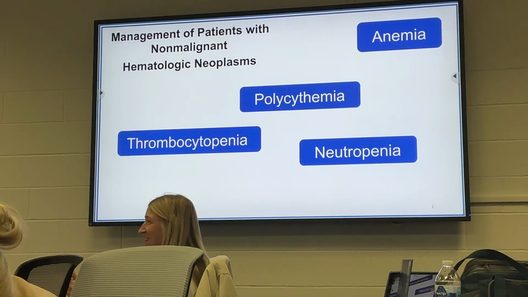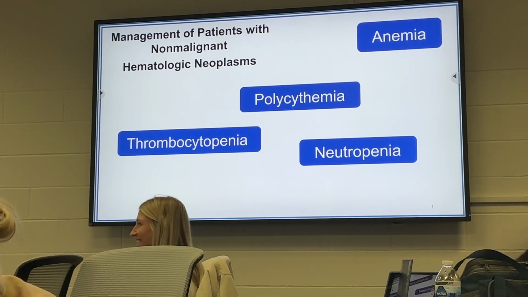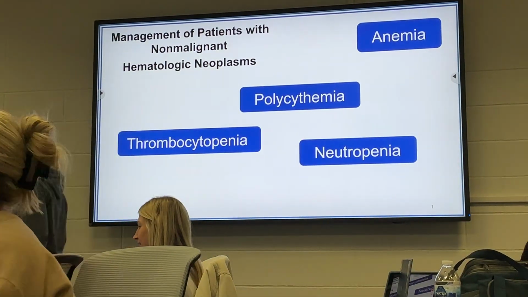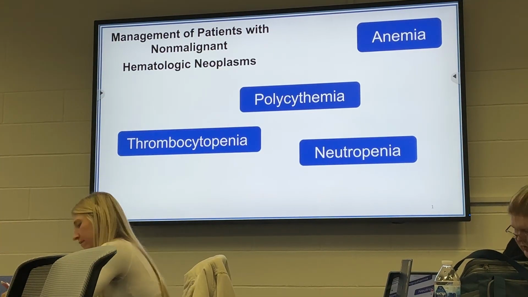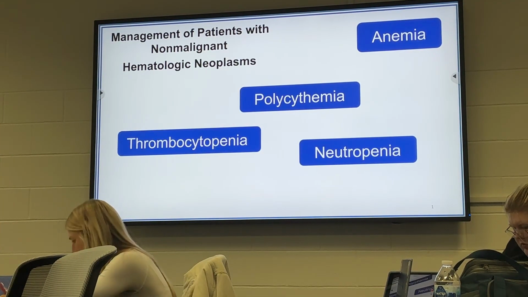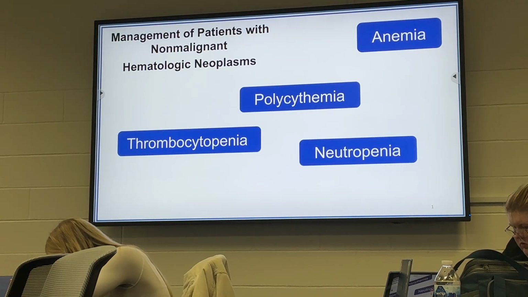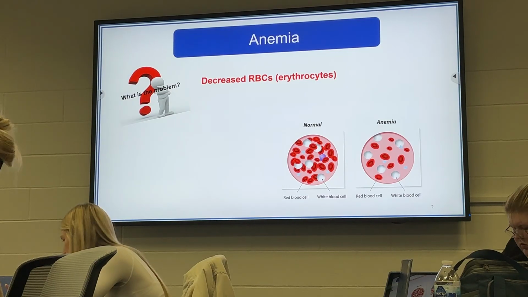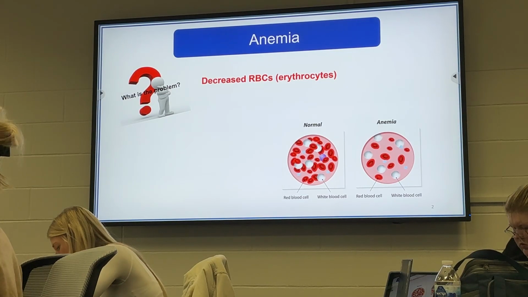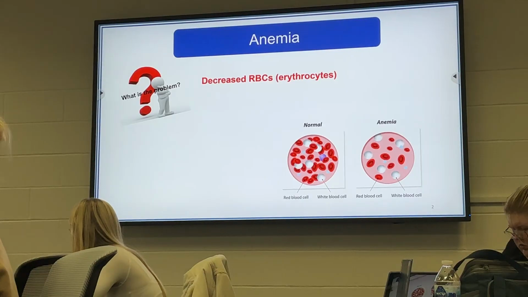These fall into the non-malignant hematology neoplasms. So these are not blood cancers. These are hematological conditions. Anemias, as you know, is the definition of decreased red blood cells. As you can tell from your handout and your reading, there's lots and lots of different types of anemias.